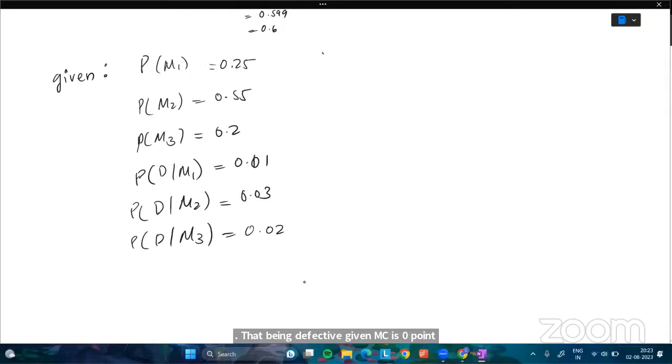And they're asking us, if a screw is chosen at random and found to be defective, so we know that it's defective, we need to find the probability that it is manufactured by machine M1. So again, when we look at the given and what we need to find, we can figure out that we need to use the Bayes formula.